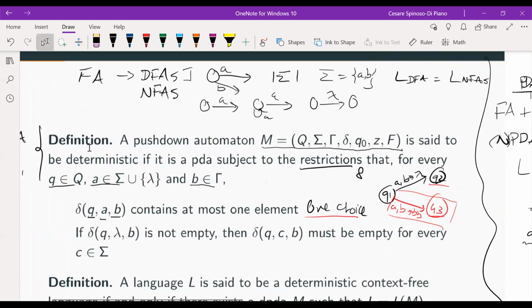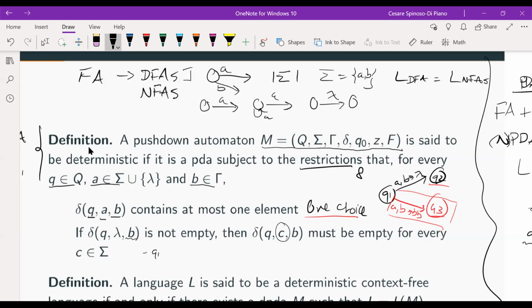The second restriction is a bit more abstract. It says that if you're in Q and you're reading a lambda and you're reading something on your stack, if this is a transition in your state, then any other transition that's reading a symbol instead of lambda cannot exist. What does that mean pictorially?